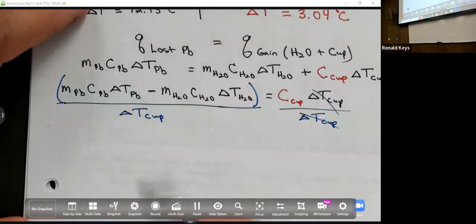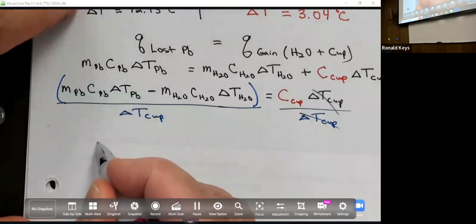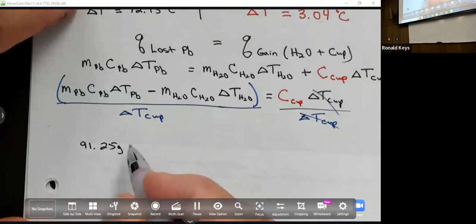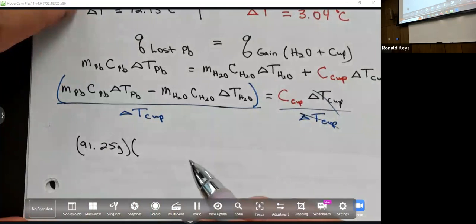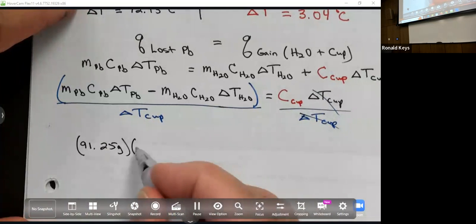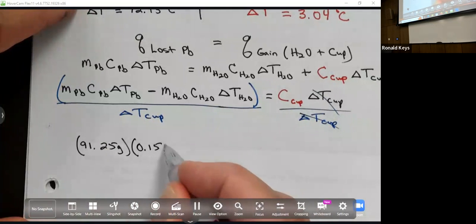So let's put our numbers in here. We're going to have 91.25 grams times my specific heat of lead, 0.159.